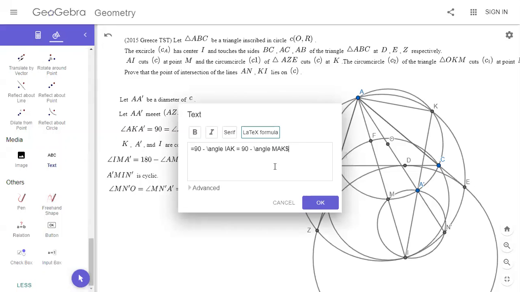We want to show it's equal to MKO, right? So is 90 minus MAK equal to MKO? So this is 90 minus half of MOK. And that is equal to angle, that should solve it. That's equal to angle MKO because MKO is isosceles.